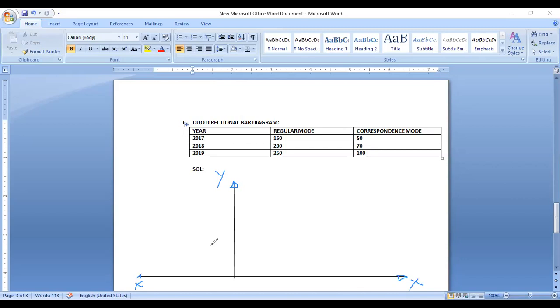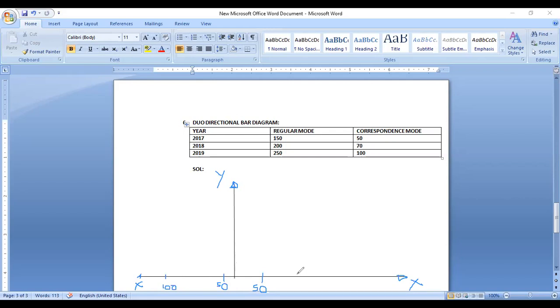Now we see this. I am taking as 50. And so left side of y-axis, distance mode I am depicting.